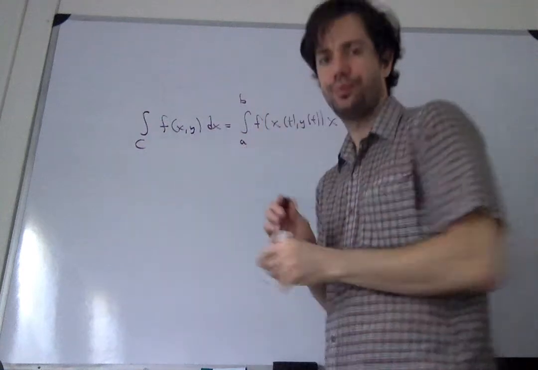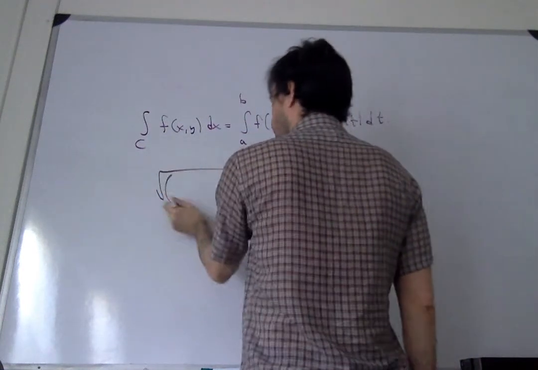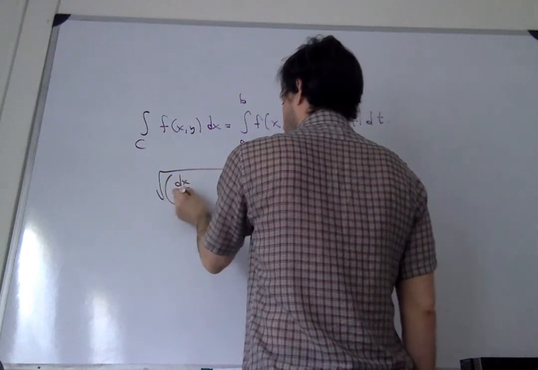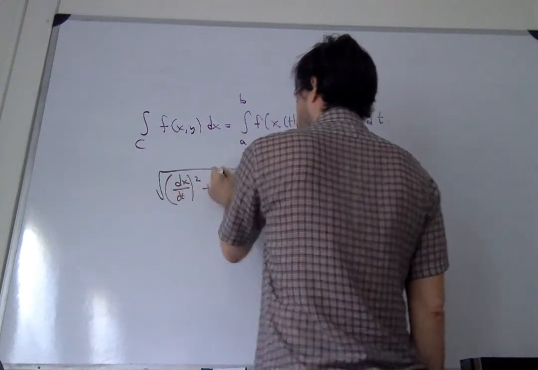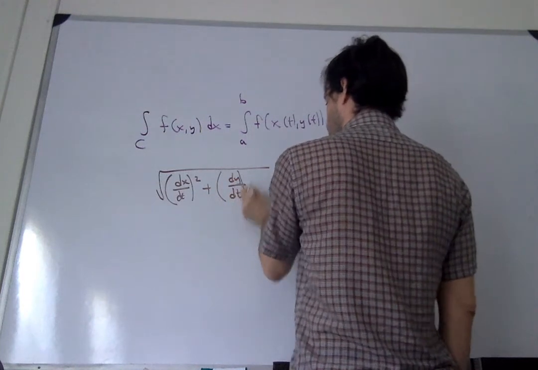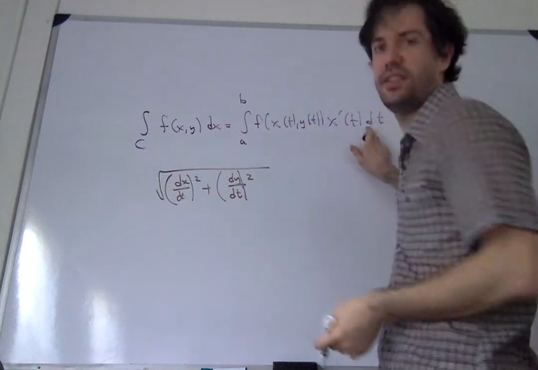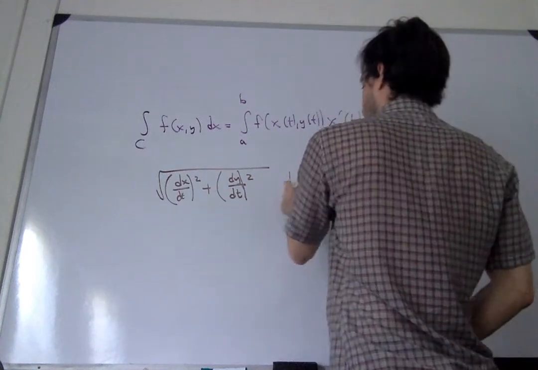Well, let me explain. So I had previously (dx/dt) squared plus (dy/dt) squared, right? dt at the end, right? I'll put that dt.